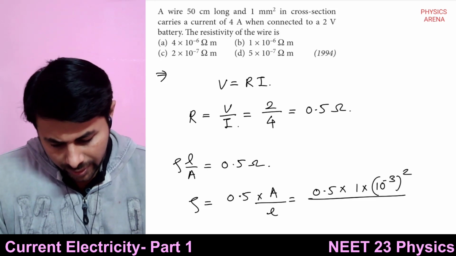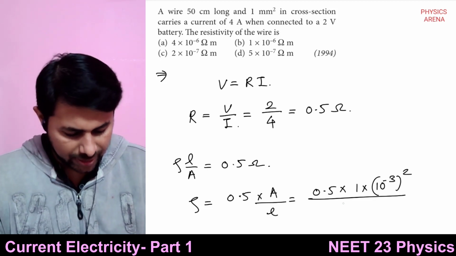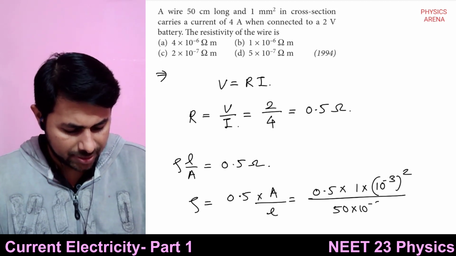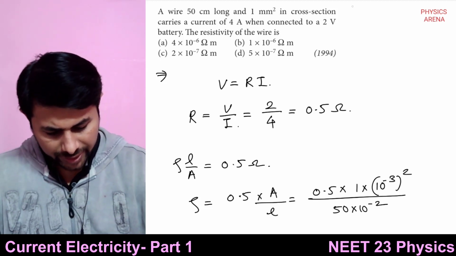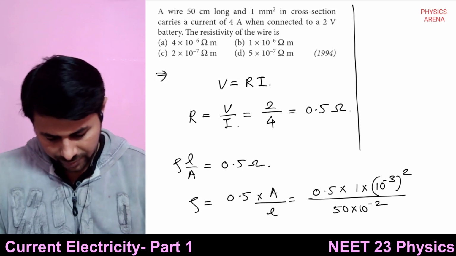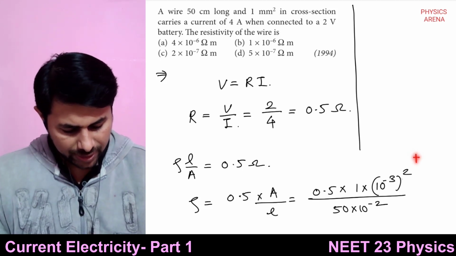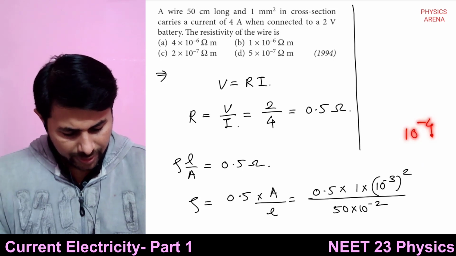Then length is 50 centimeter, that too we have to convert to meters, so it is 50 multiplied by 10 raised to minus 2. Now, 10 raised to minus 6 (from the area) and the 2 from the length give 10 raised to minus 4.